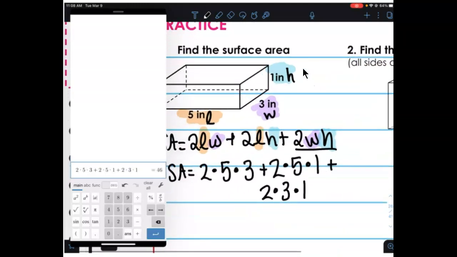Which is 46, and this would be inches squared.